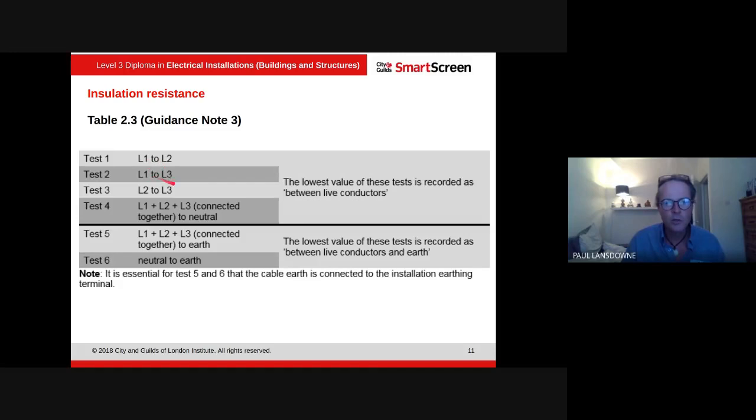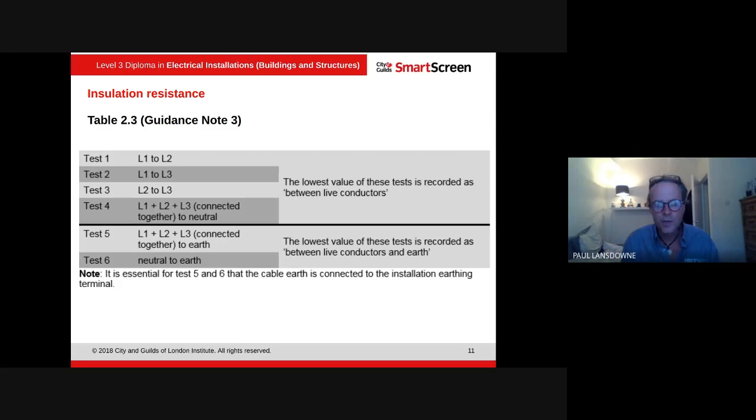But then what you would do is you would check L1, L2, L3 connected together to neutral, and then you would do L1, L2, L3 together to earth. So you'd be checking them all to neutral and then all to earth. And then the last test is neutral to earth.